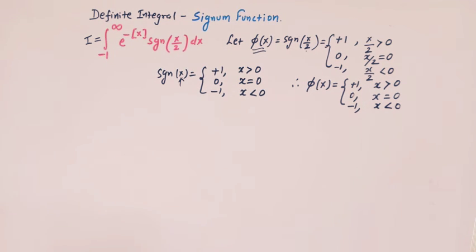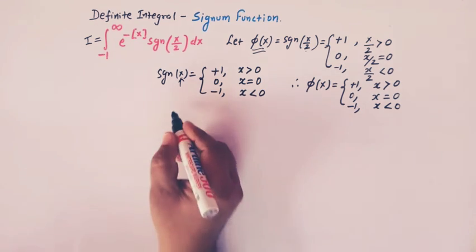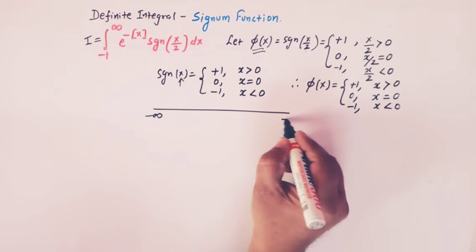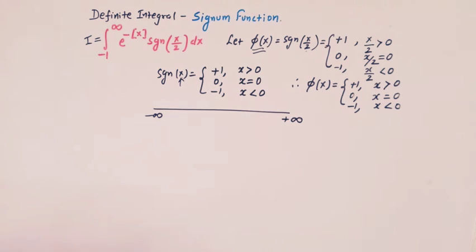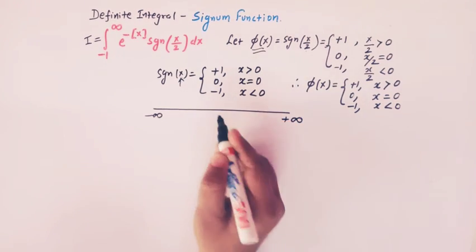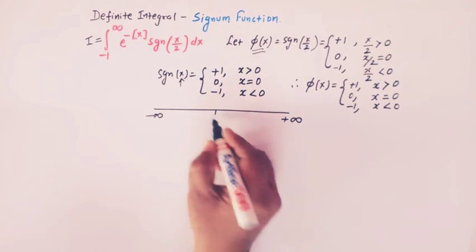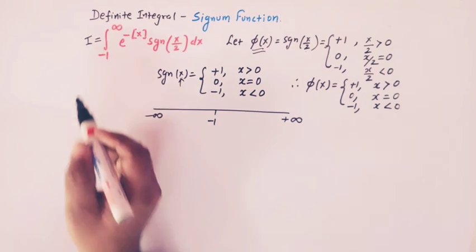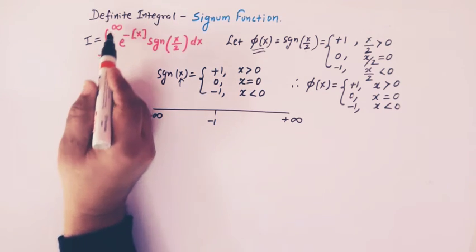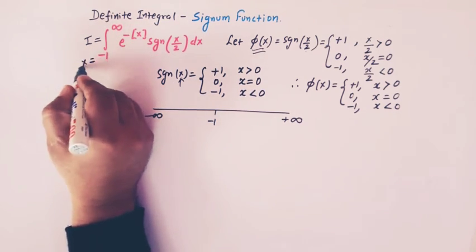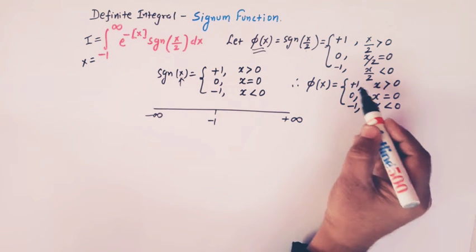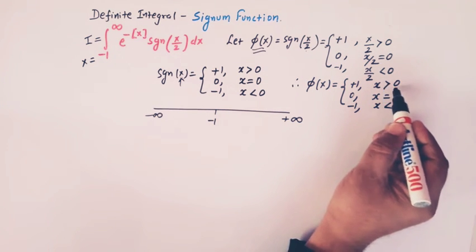Now if we take the real number line, here we have minus infinity, here we have plus infinity, and here we have the point minus 1, because we have to integrate this function from minus 1 to infinity. Phi of x is equal to plus 1 whenever x is greater than 0.